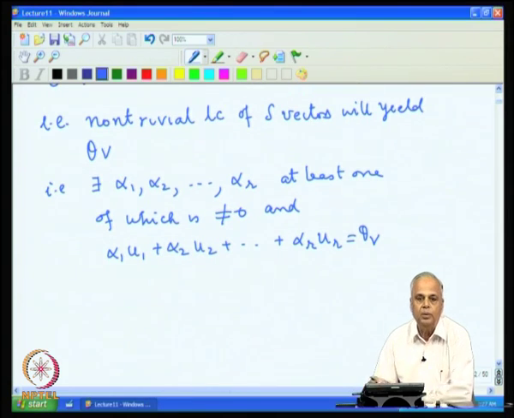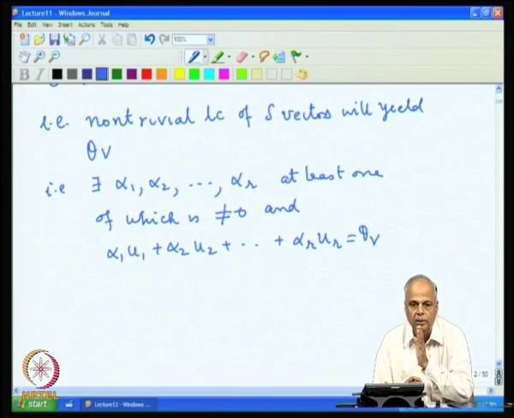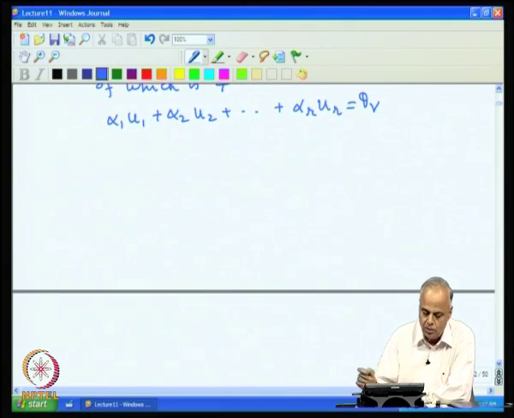So, thus when you say linear independence, whenever a linear combination is 0, all coefficients must be 0. When we say linear dependence, there can be a linear combination which is the 0 vector without all the coefficients being 0.